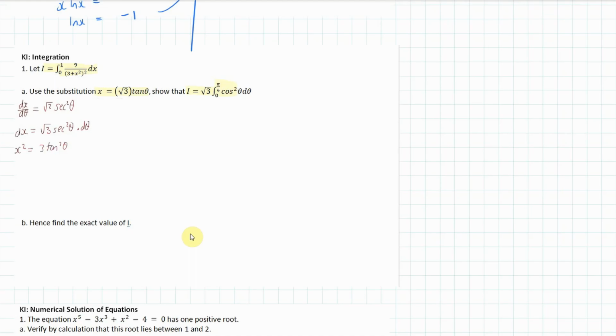Now, let us see, what can we get rid of here? Now, the other thing that we should do to get some marks while we're pondering this is, well, we've got our limits here, and we want to always get some points for that. So x equals 0, therefore, our substitution, we just plug it in.